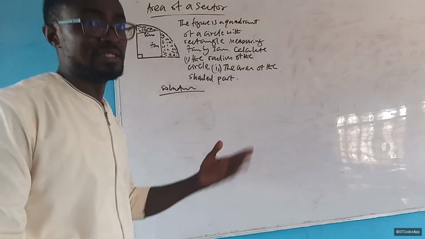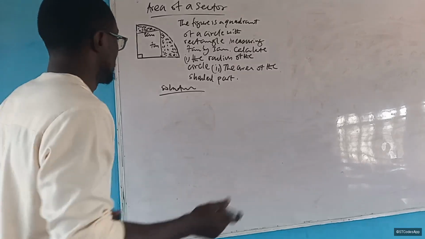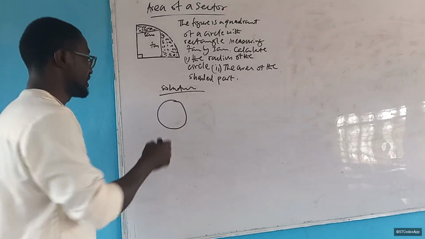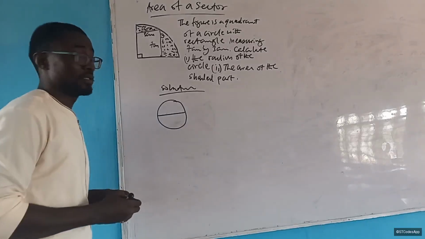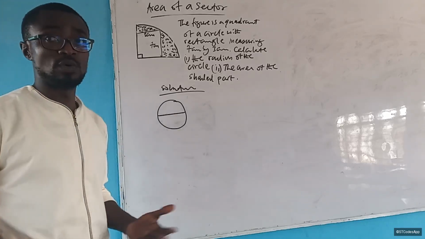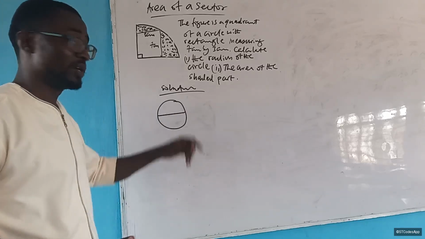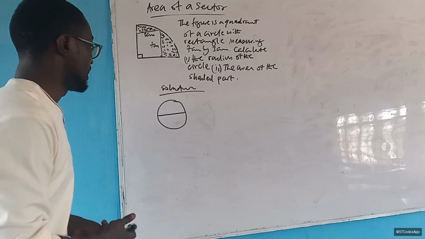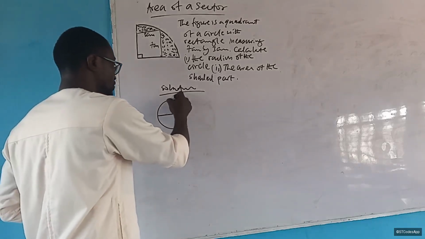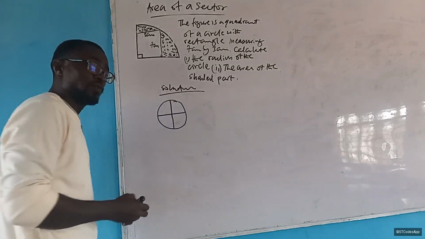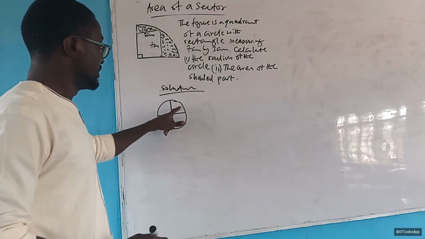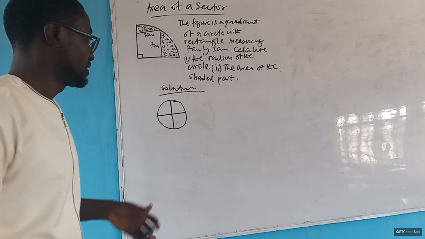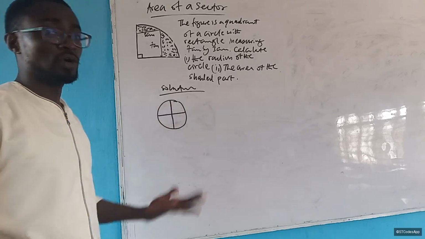Now let me break it down before we go into the summary. If you have a circle like this and you divide it into two equal parts, each part is known as a semicircle, because it's being divided by a straight line known as a diameter. If the circle is divided into 4 equal parts, each of these parts is what we refer to as a quadrant.